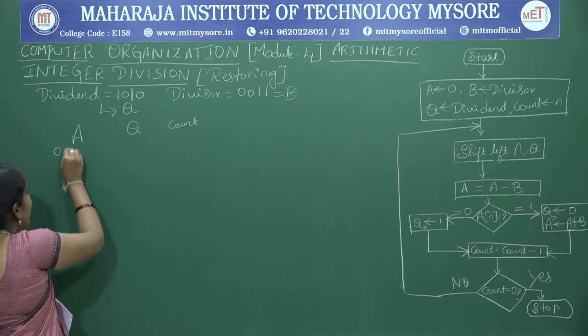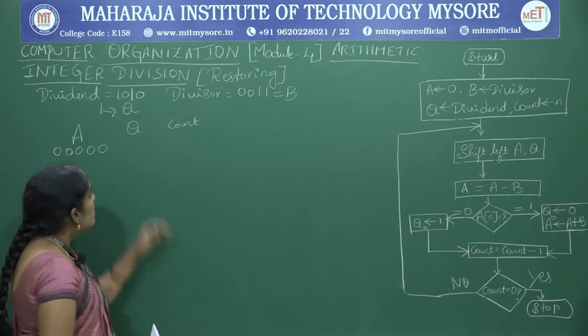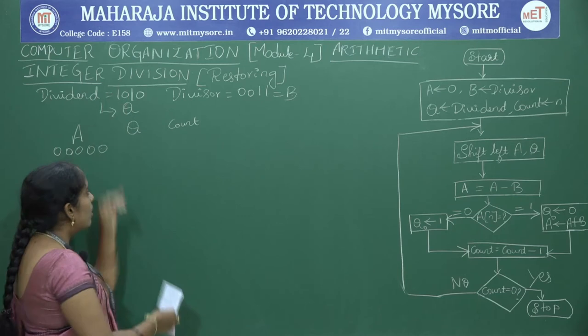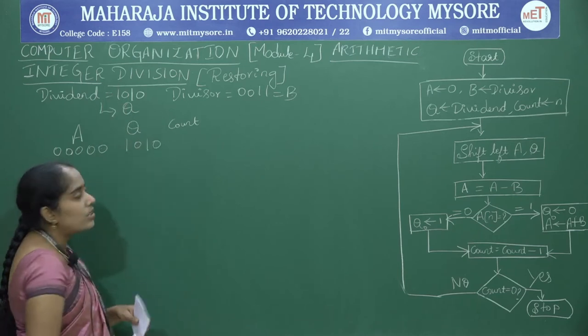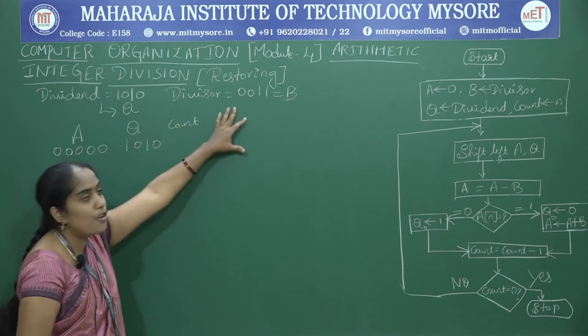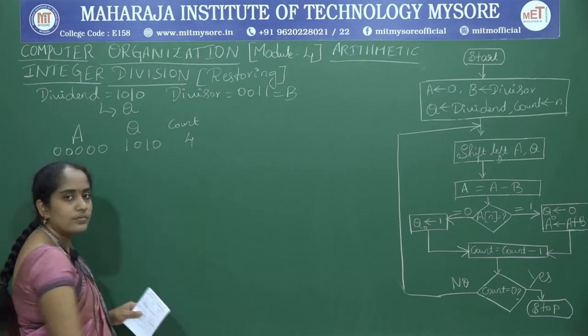The next is Q, which is the dividend, 1010. And count: both divisor and dividend contain 4 bits, so count is equal to 4.